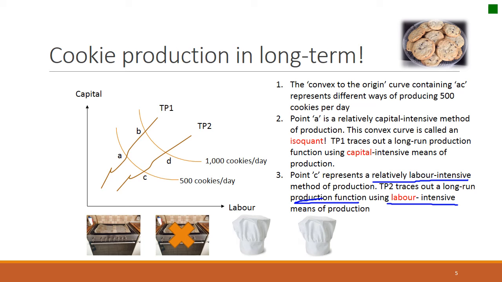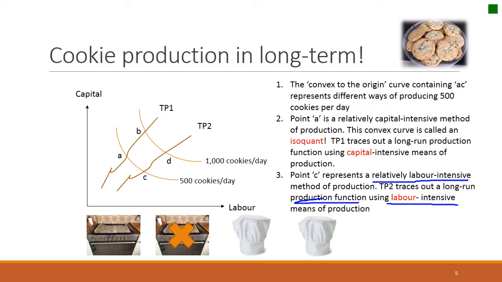Right, here we're going to just clarify graphically a bit more on isoquants and on different production functions that reflect different production methods. So here we have an isoquant which represents a production of 500 cookies per day, and we have two different production methods. So the convex to the origin curve here containing A and C represents different ways of producing 500 cookies per day. So it's called an isoquant, equal quantity, isoquant.